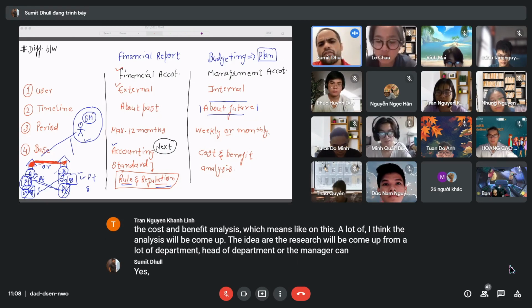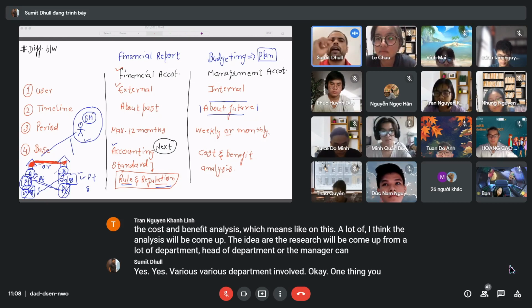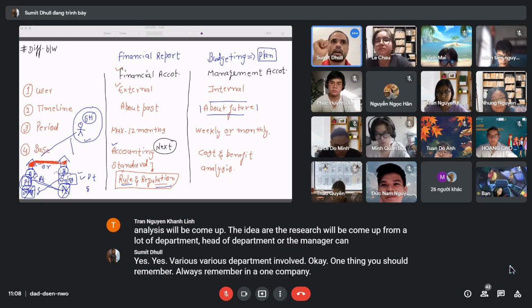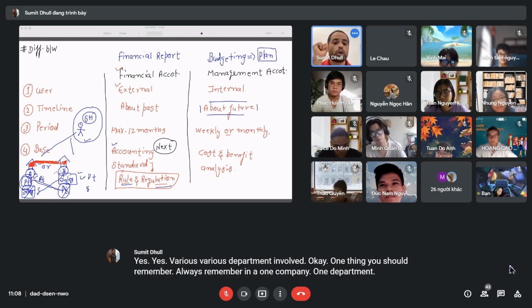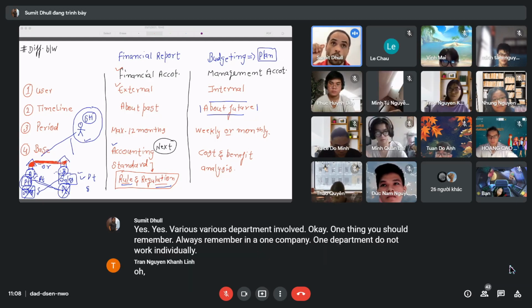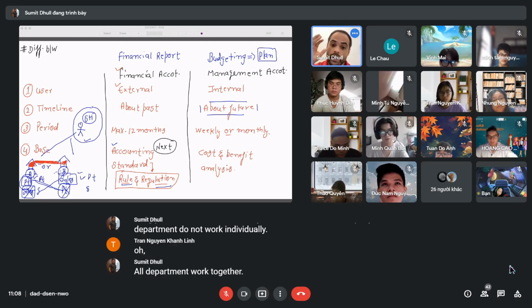Yes, various departments are involved. One thing you should always remember, in one company, one department does not work individually. All departments work together. Company means collective efforts.